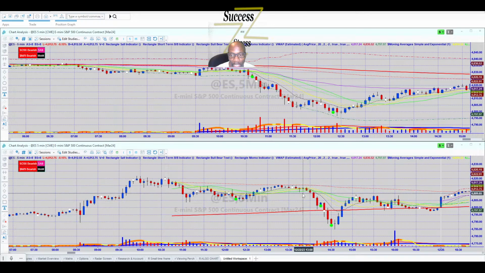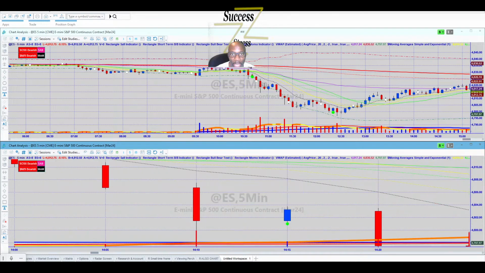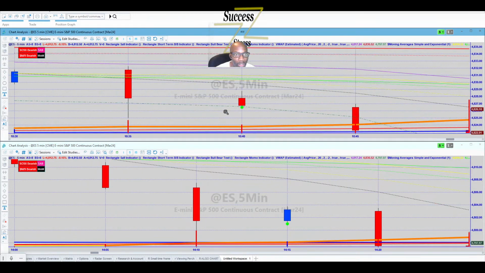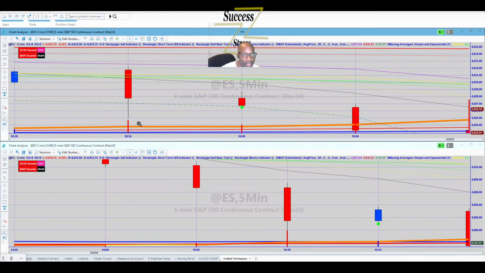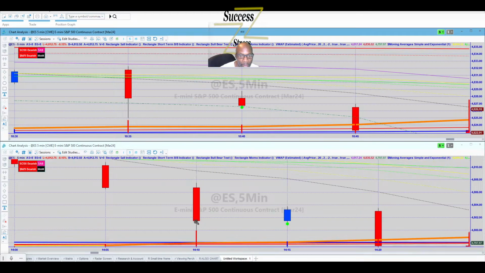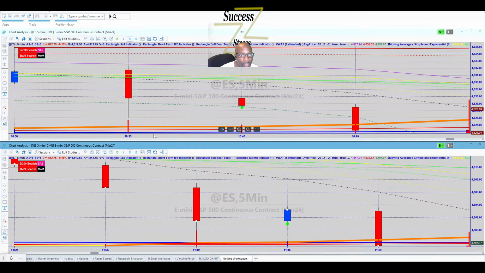Like I said, when you look at how the bars look, the size of the bar and the size of the wick, this wick is a little bit shorter, but they look very close.